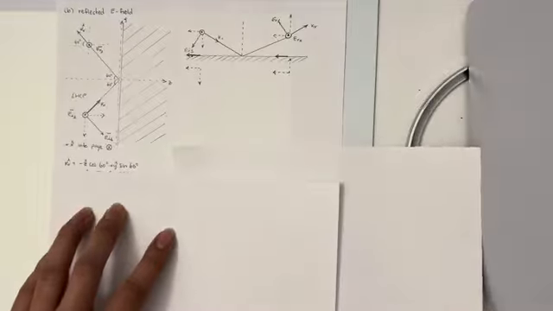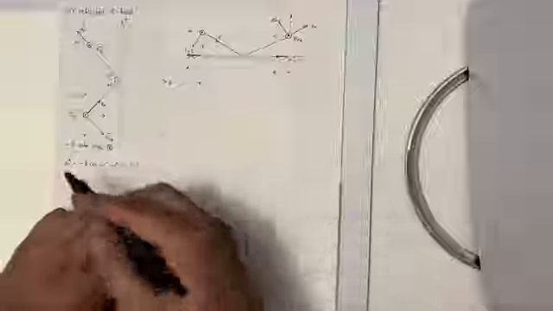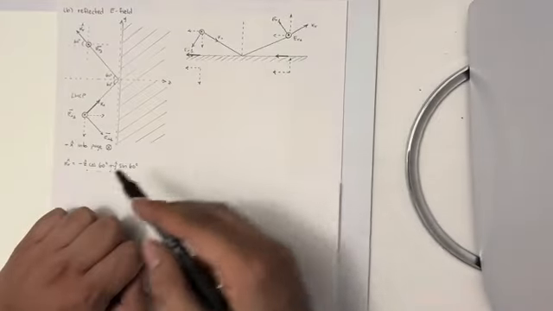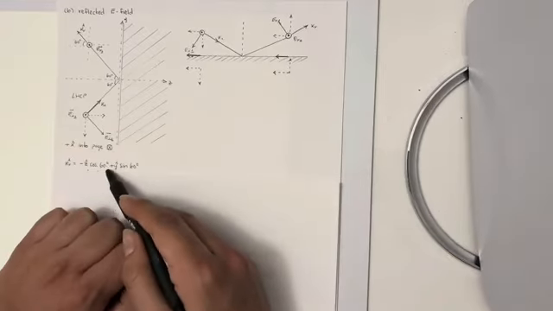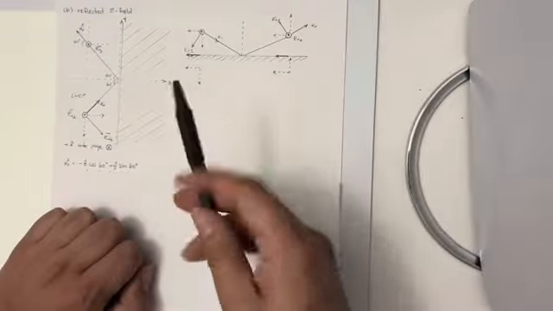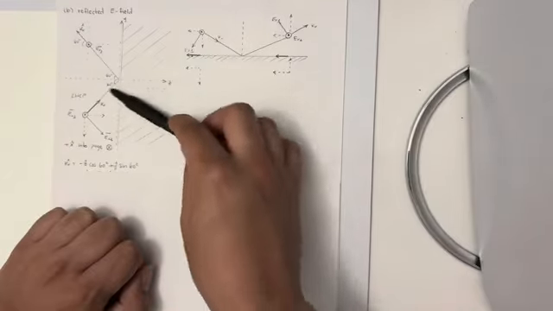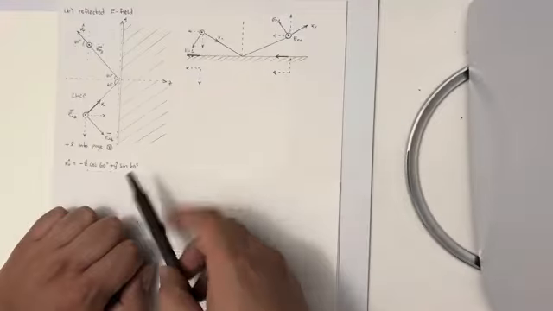And so using this information, the reflective wave vector is just shown as negative z hat cosine of 60 plus y hat sine of 60. Again, this is going in this direction, which is negative z, and this is going up, which is positive y.